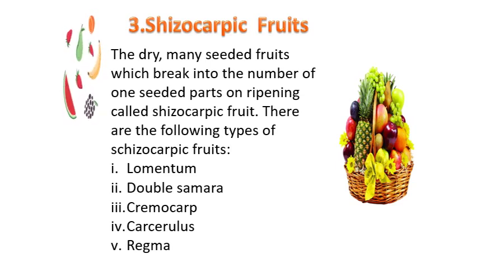If they are dehiscent, they are called cocci, and we have the following types of schizocarpic fruit. One is lomentum, the other one is double samara, the third one is carcerulus, and the fifth one is regma. So we discuss all these types of schizocarpic fruit one by one.